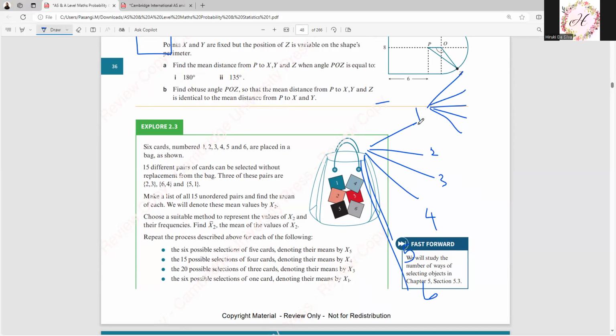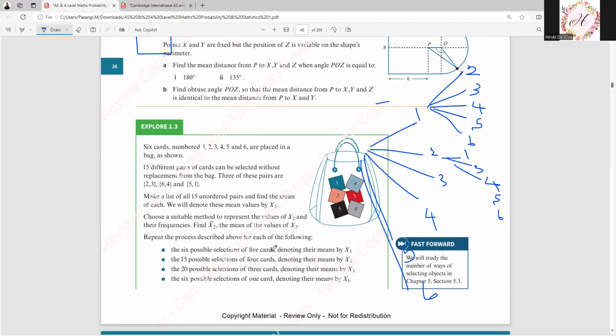As for the first choice, we take one out, we have 2, 3, 4, 5, 6. If we take another out, then again we have five choices for the second choice, that is 1, 3, 4, 5, 6. Likewise. This is kind of a tree diagram.